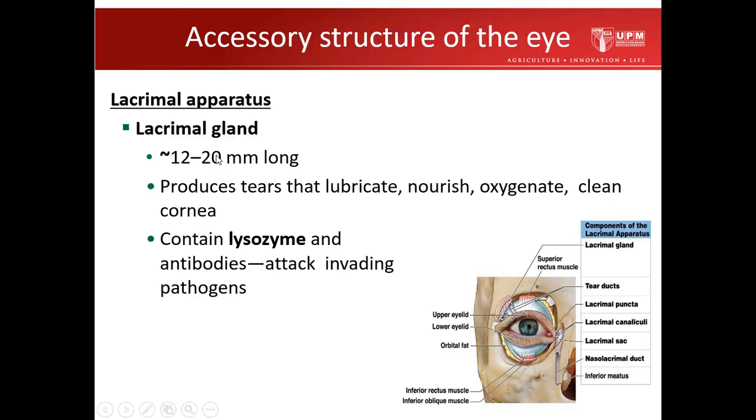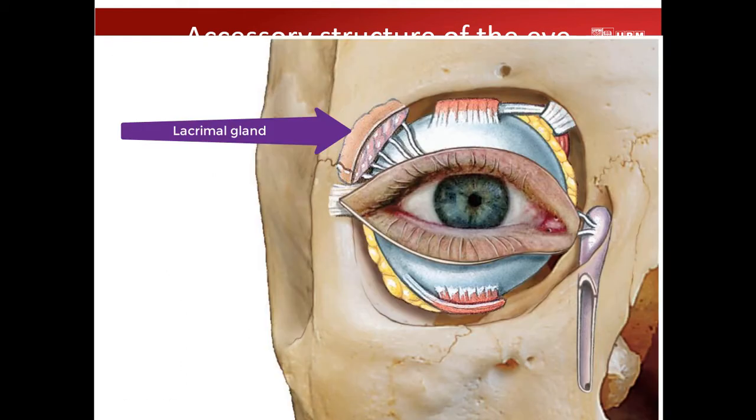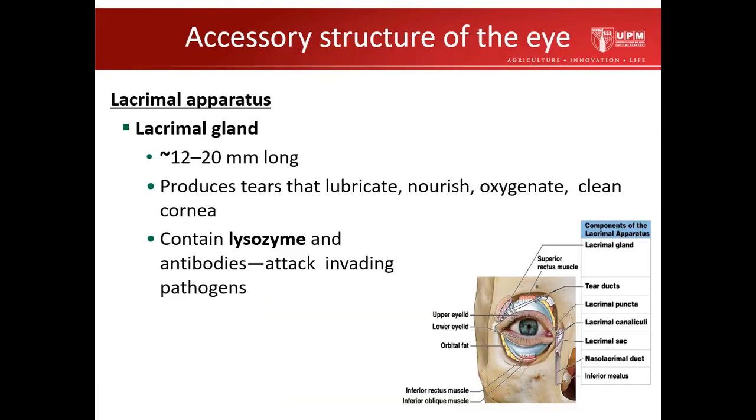The lacrimal gland produces about 1 ml of tears that help to nourish and cleanse the cornea. The lacrimal gland tears also contain the antibacterial enzyme lysozyme and antibodies that are important to attack any invading pathogens.